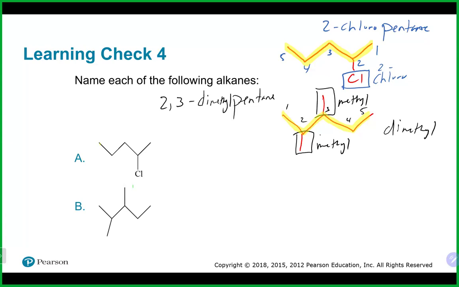Probably 2 in the middle if you had 2 on the same one, but it could be more than that if you had 6 carbons and each one had a chlorine, right? Then you would have 6 of them. So it depends really on the number of carbons that you have.